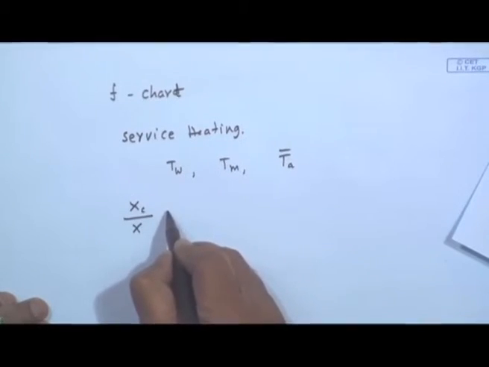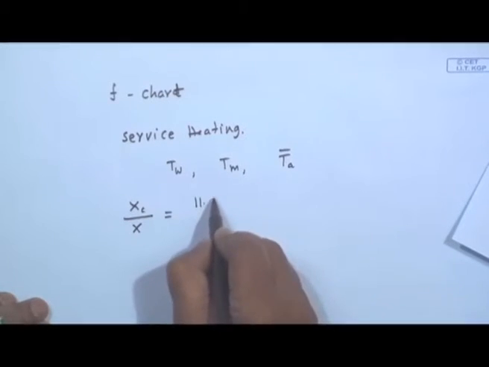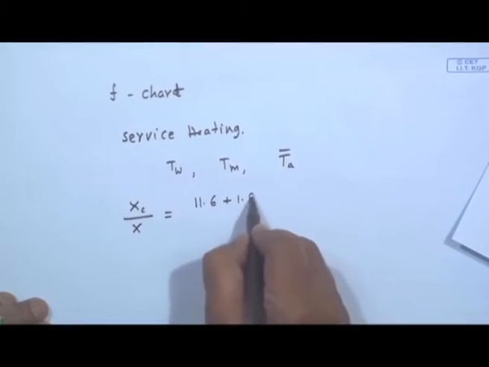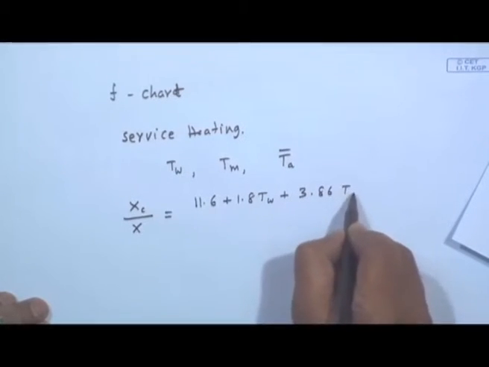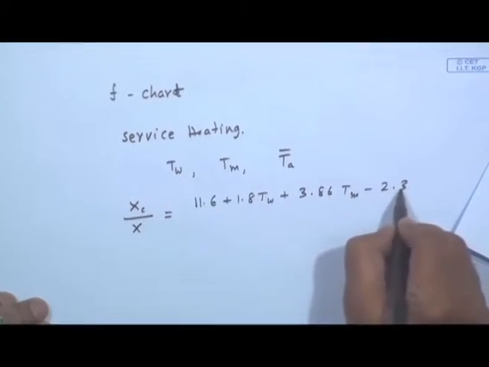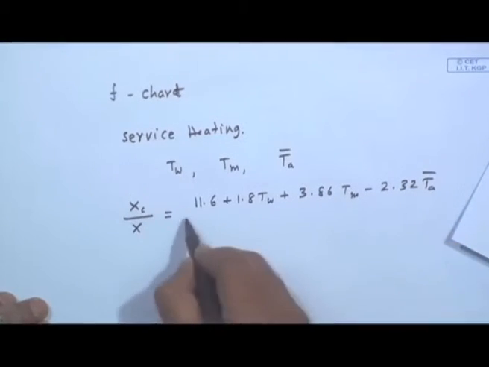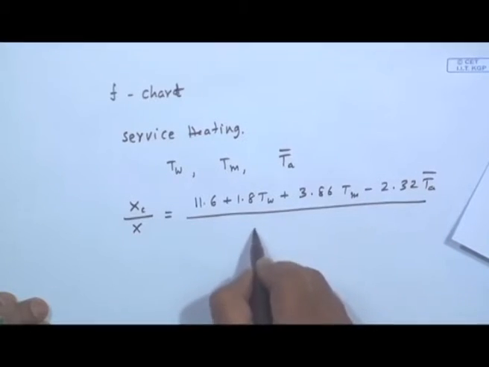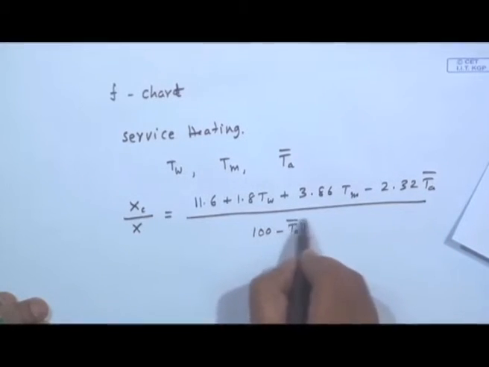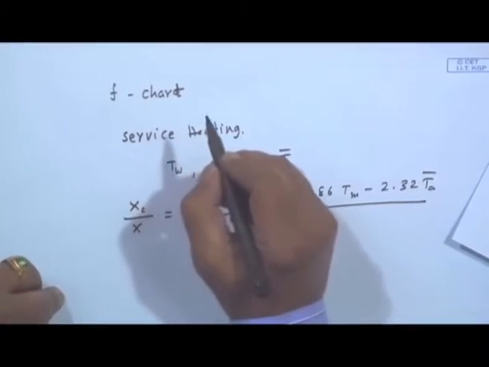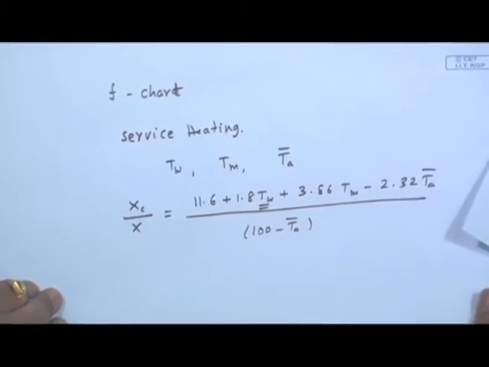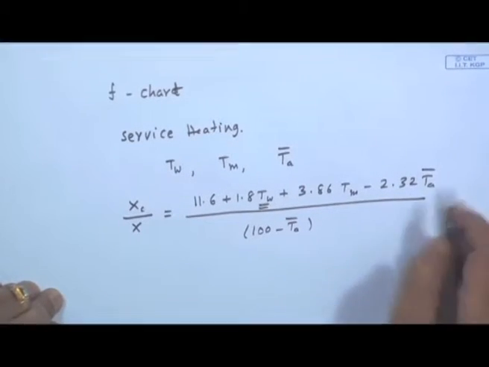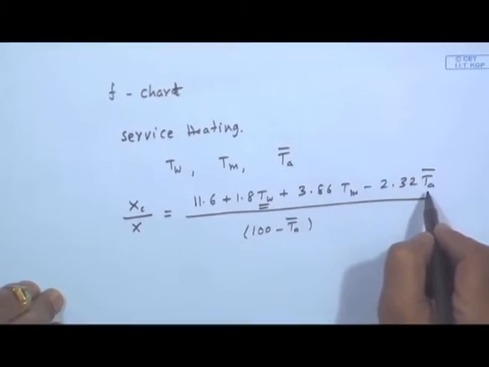For a liquid based system, Xc by X is equal to 11.6 plus 1.8 TW plus 3.86 Tm minus 2.32 Ta bar upon 100 minus Ta bar. So, you change the x coordinate depending upon TW, and you have a service water heating system, where Tm is the mains temperature and Ta bar is the monthly average daily ambient temperature.